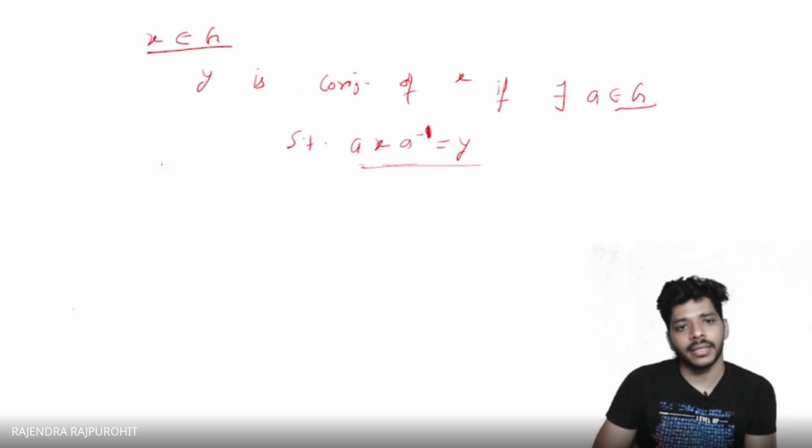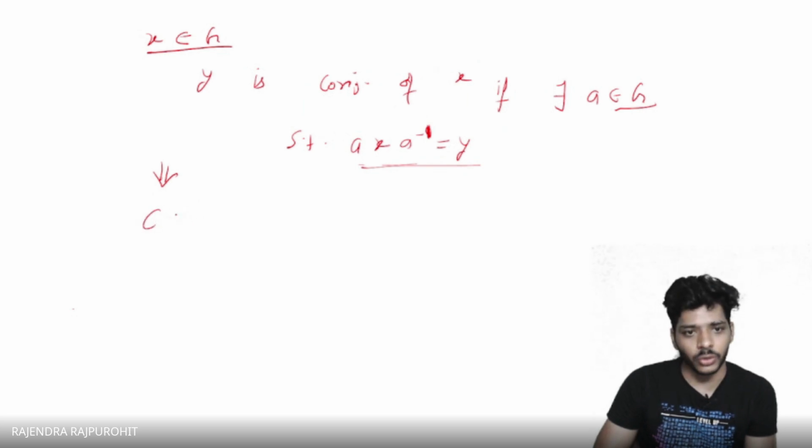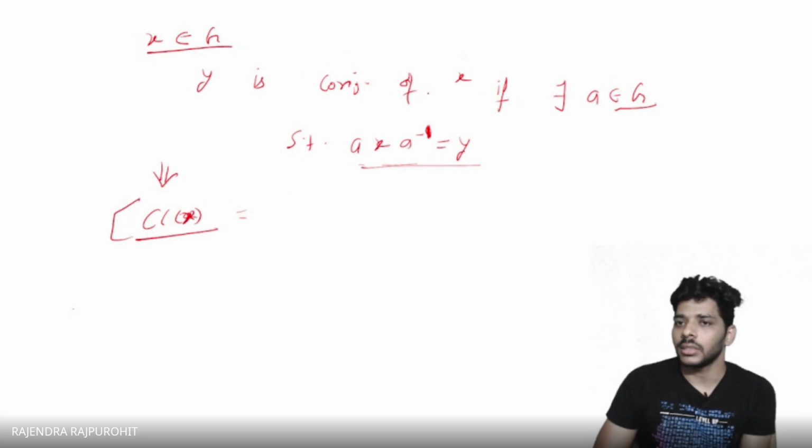Okay, and then you make a new set. We call it the conjugate class. I think some of you know the conjugate class. What you do is you collect all the conjugates of this particular element x.